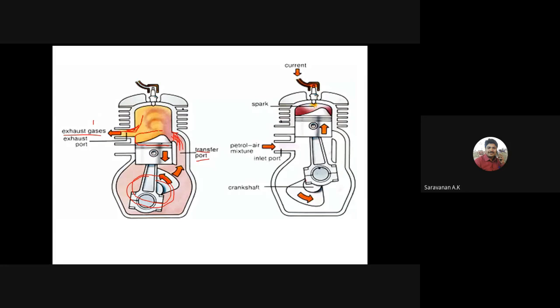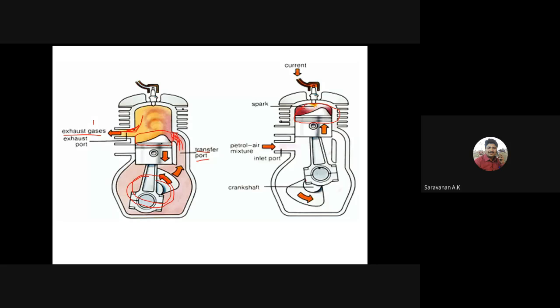So here we can note a simple point. See the cylinder position, right? It has some different shapes. Why do we use this type of cylinder in a two-stroke engine? The exhaust gas has to be pushed into the exhaust system, and it is pushed by the fresh charge.